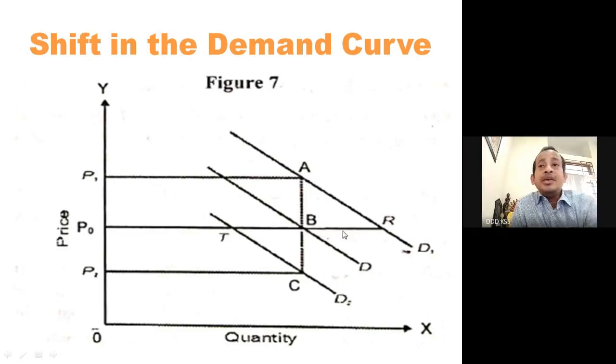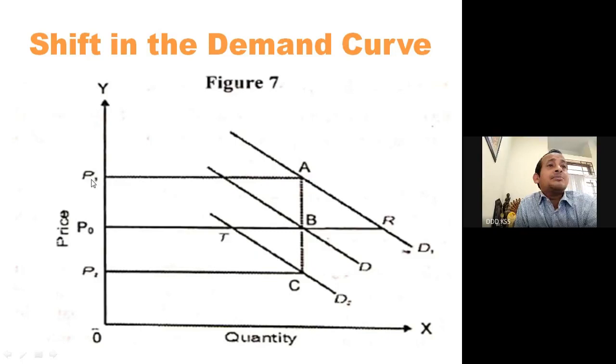Now if demand increases up to D1, then with the same price, the consumer may buy an extra amount. If we assume that demand increases to D1, then the consumer may buy BR extra amount, and total purchase will be PR with the same price.